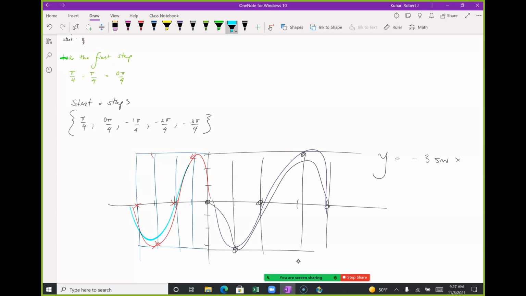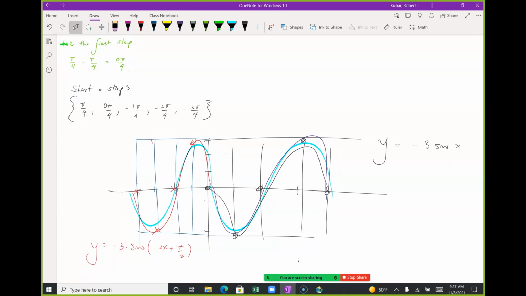So I can see that quick one and the slower one. So the red is my original function, y equals negative 3 times the sine of negative 2x plus pi over 2. And that was the original problem.